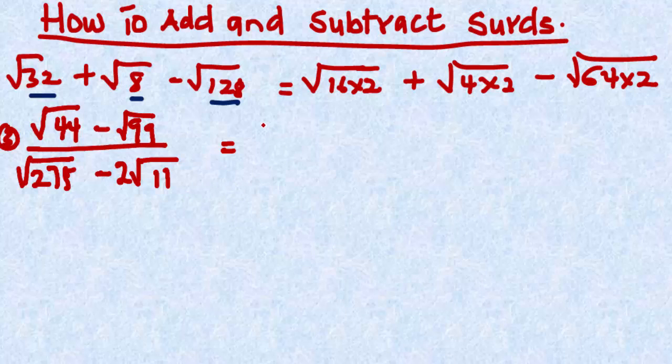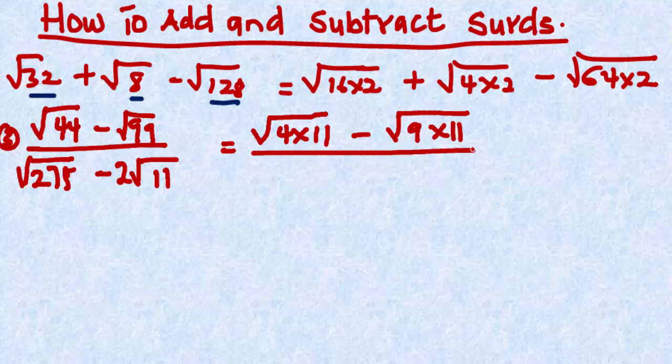For the numerator, root of 44 will be 4 multiplied by 11, minus root of 99 will be 9 multiplied by 11. Then all over root of 275 will be 25 multiplied by 11, then minus 2 root 11.